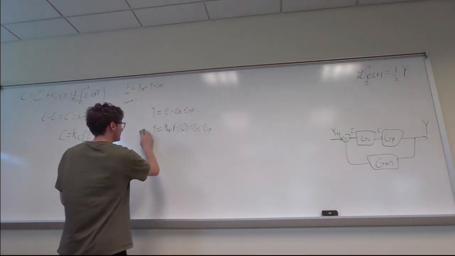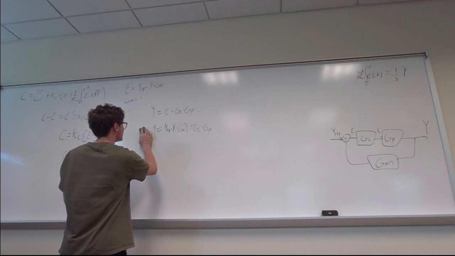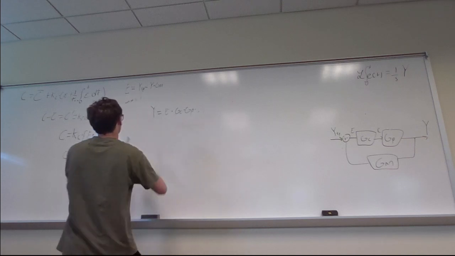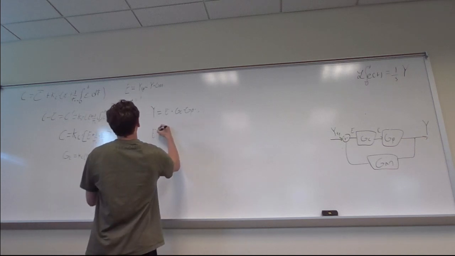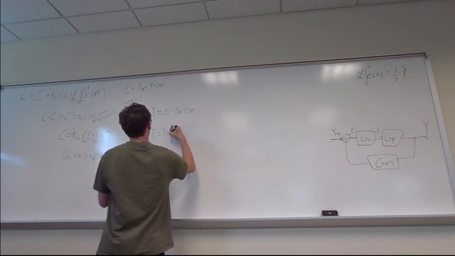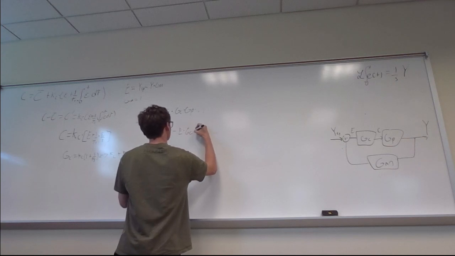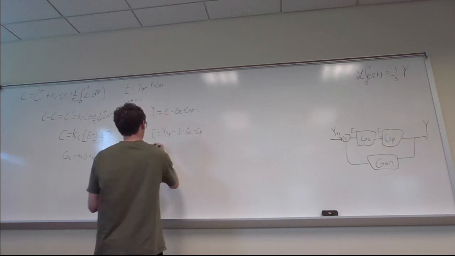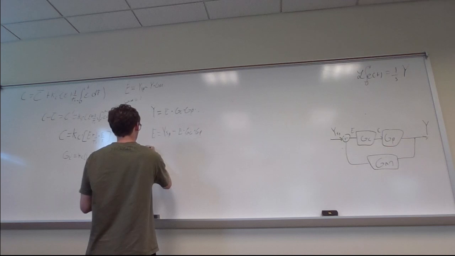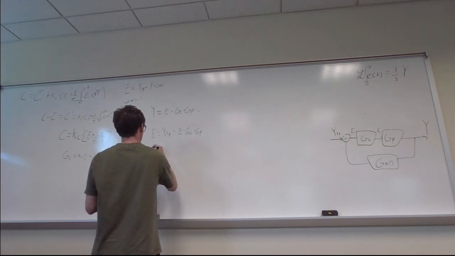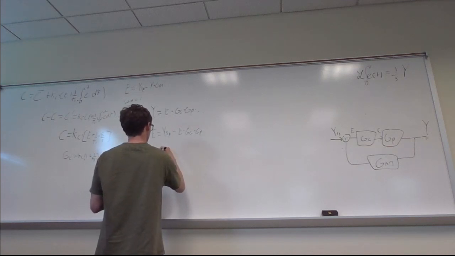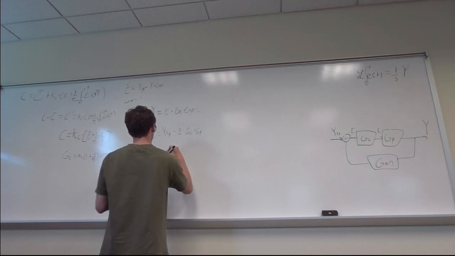So, yeah. Let's see. So we're going to do this. E equals Y set point minus E times GC times GP. Get that over, so we're going to have E plus E GC GP equals Y set point.